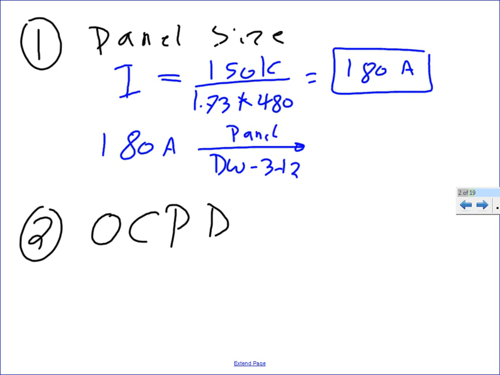When I divide 150,000 by 480 times 1.73, I was getting 180. Review your calculation then, Chris. So if you go under panel boards, DeWalt 3-12, panel boards 3-12.